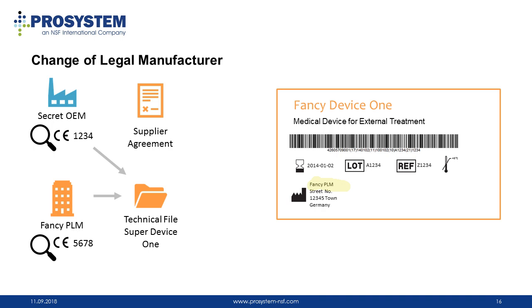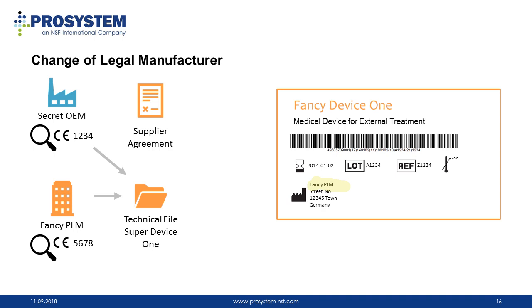If there are any changes necessary because of changed raw materials or a change of suppliers, the PLM now has the responsibility for that, has to decide about all of that, has to document all of that, and not the OEM anymore. So the PLM must decide whether he has the capabilities to fulfill all these very technical requirements and documentation requirements and responsibilities.